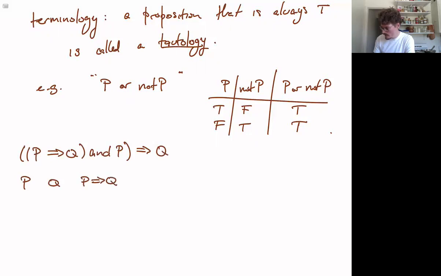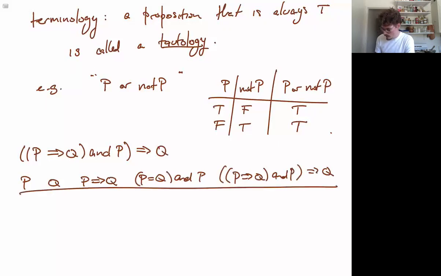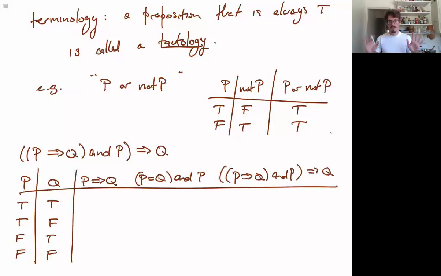So P implies Q. And then let's take the next piece. P implies Q and P. And then finally, P implies Q and P implies Q. Okay, big old truth table. True, true, false, false. True, false, true, false. Okay. So this is our setup for our truth table.